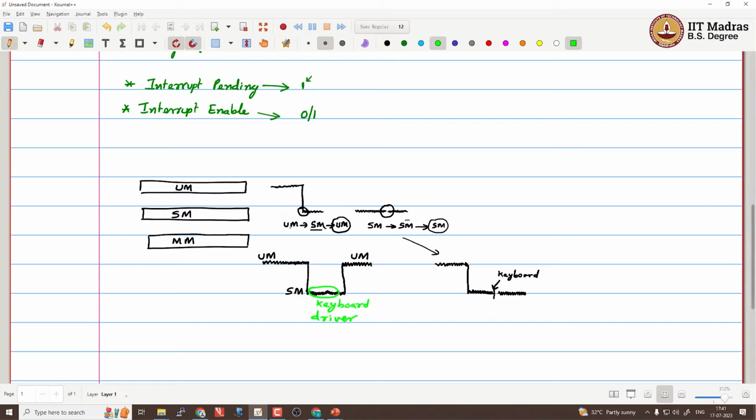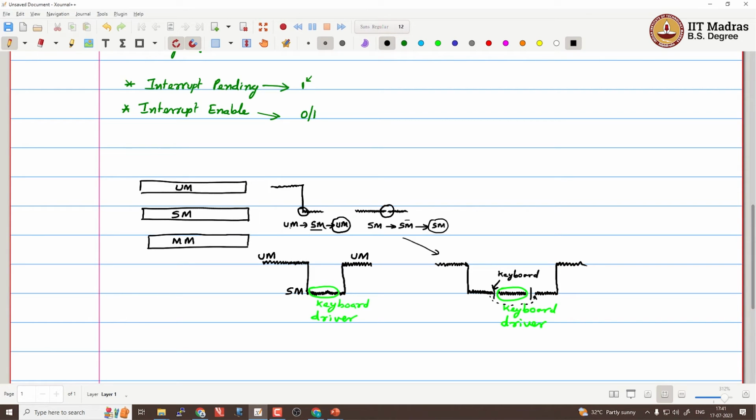So this over here is our keyboard driver execution. And naturally, after the keyboard driver executes and completes its execution, the CPU should continue from where it stopped and continue to execute this, and which was essentially the system call, and then go back to the user mode, right?